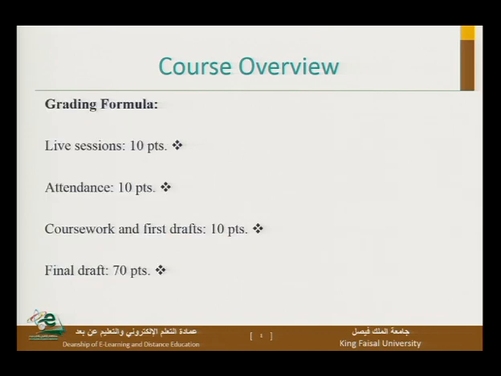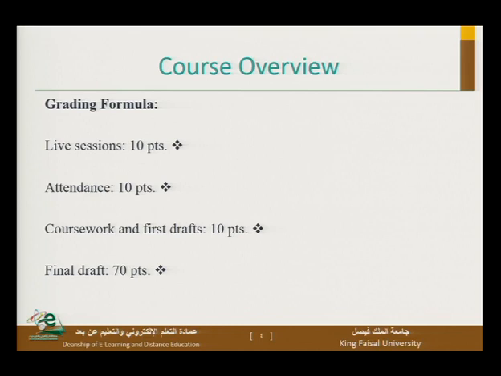The grading formula that we follow: number one, we'll give 10 points to live sessions that you attend, that you watch, and 10 points to attendance, coursework and first draft that you submit on time without any delay.